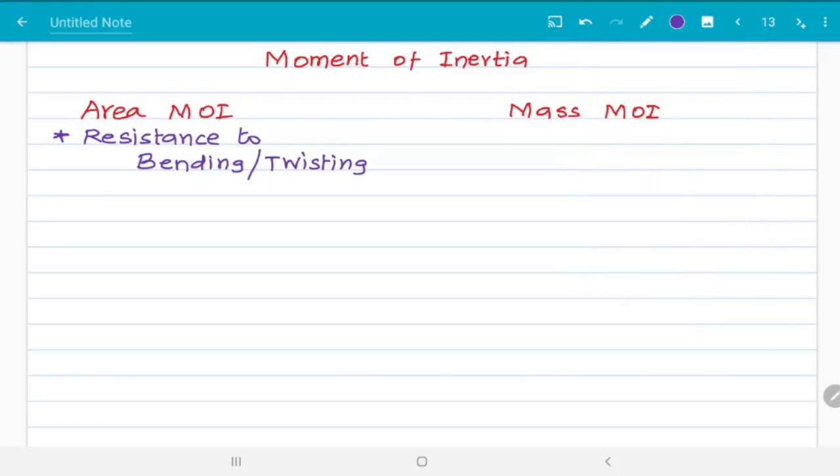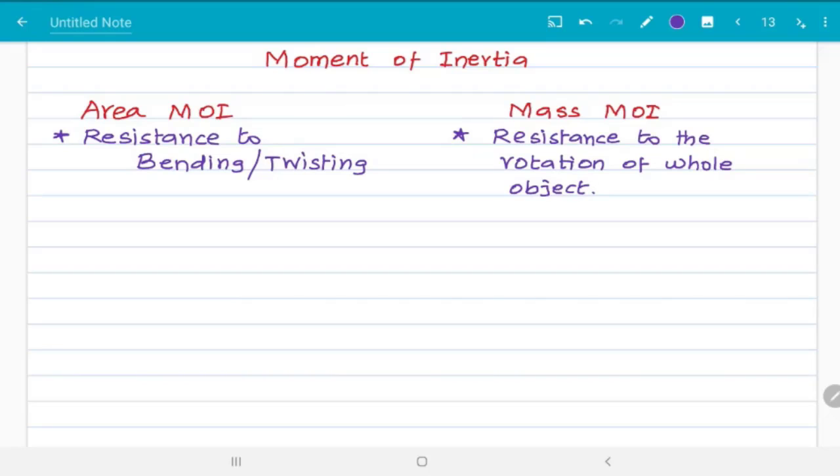Resistance to the rotation of the whole object. Okay, right. So whenever you hear the word bending or twisting, you have to think about area moment of inertia only.